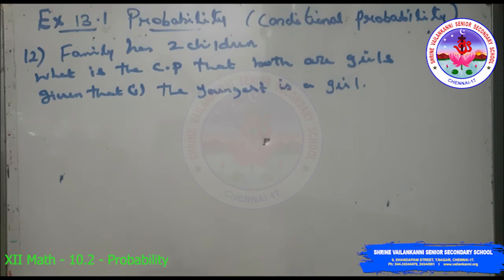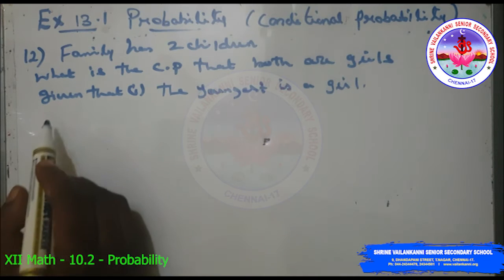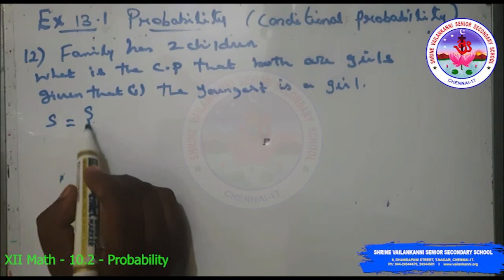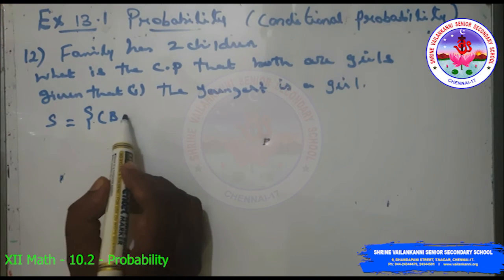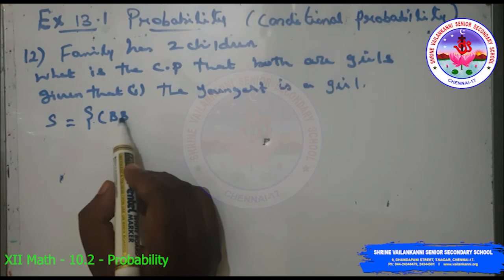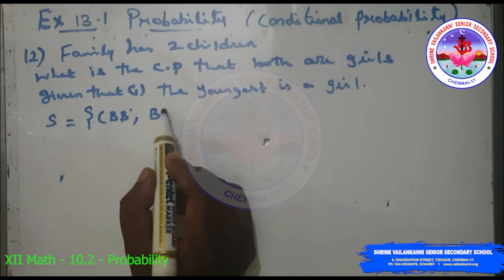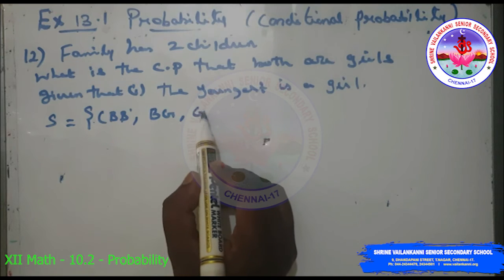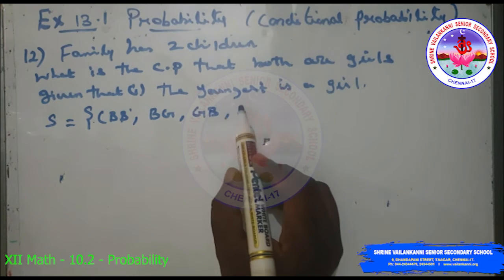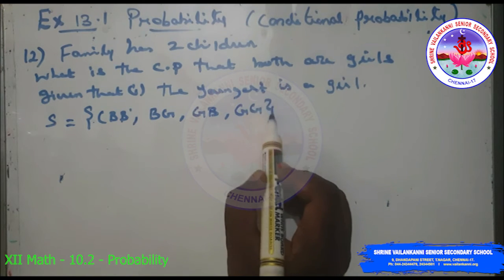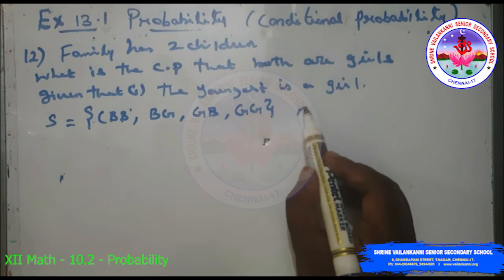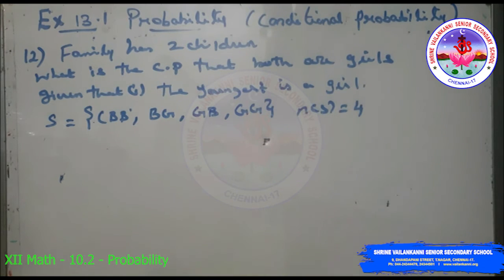What is the sample space if a family has 2 children? It could be first boy, second also boy, or first boy, second girl, or first girl, second boy, or both children are girls. So n(S) is 4.